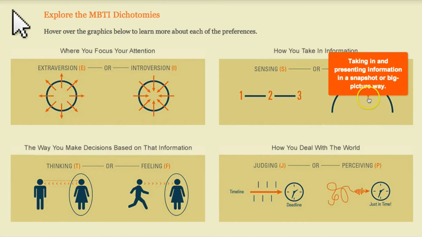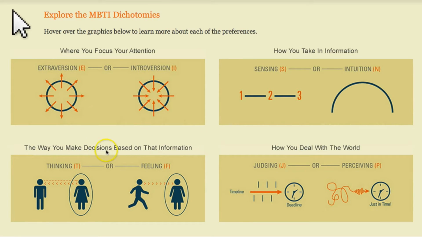Intuition is taking in and presenting information in a snapshot or big picture way. These are people who trust inspiration and inference, like new ideas and concepts for their own sake, tend to be known as imaginative and insightful, and like to learn new skills. They often get bored easily after mastering skills. Okay, so that's that dichotomy.